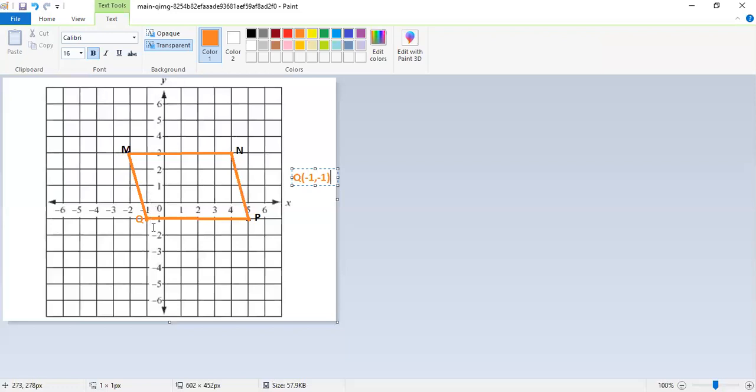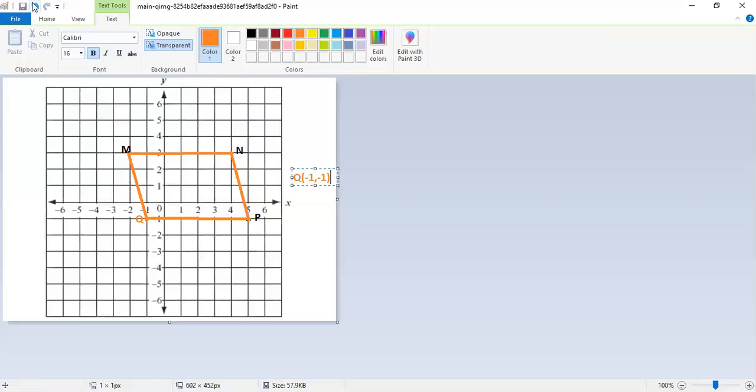We need to join the new corner. To find that, you have to follow the same pattern from N to P. From N to P, we move 4 down and 1 to the right. To get point Q, because they said it's a parallelogram, we use 1, 2, 3, 4 down and 1 to the right, draw the point there, complete the parallelogram and get the coordinate.